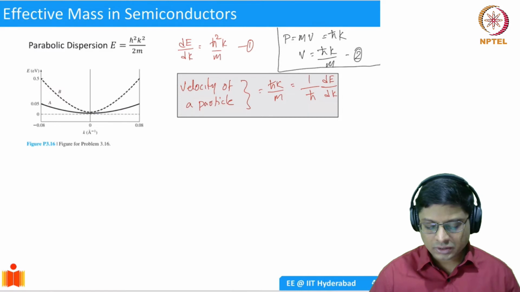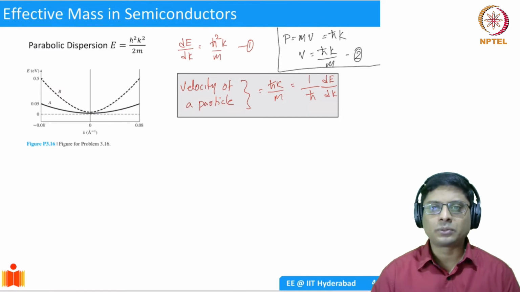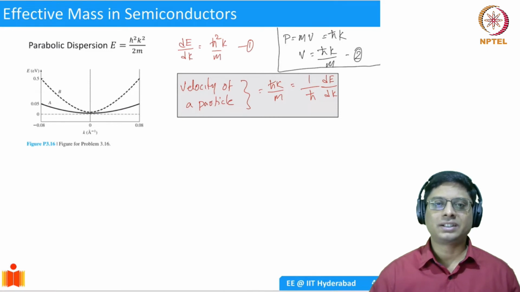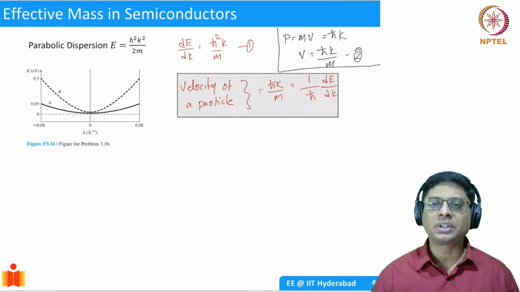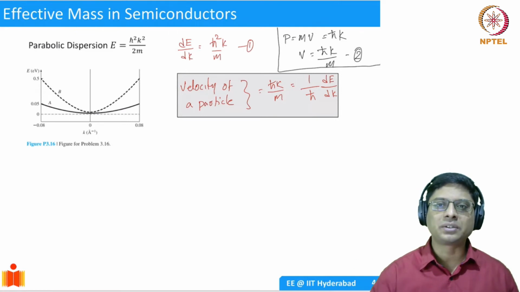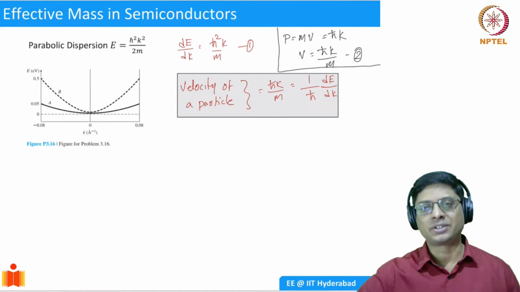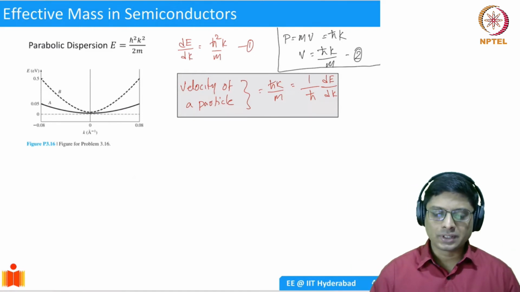So this is fairly simple. What we have to do is simply take the first derivative of the EK relation. If you do that, you get the velocity of the particle. Once you know that, if you want to compute at K equal to 0, you substitute K equal to 0 and you get the velocity of the particle at the edge of the band. You can get that. Okay.